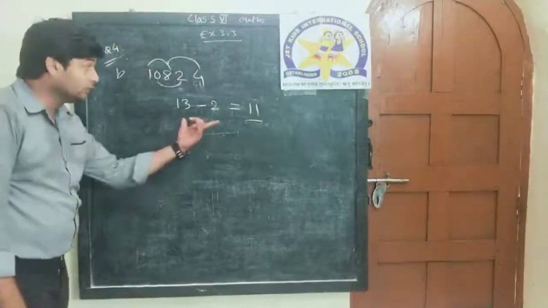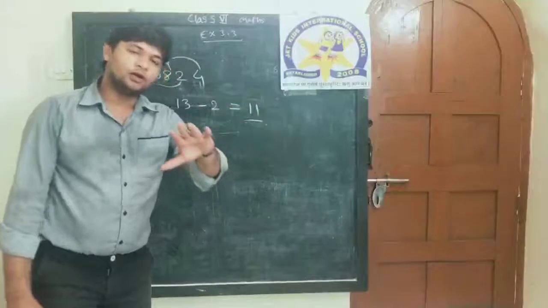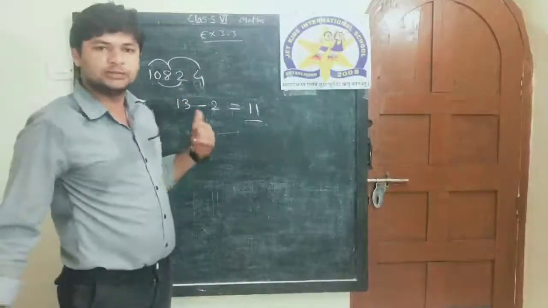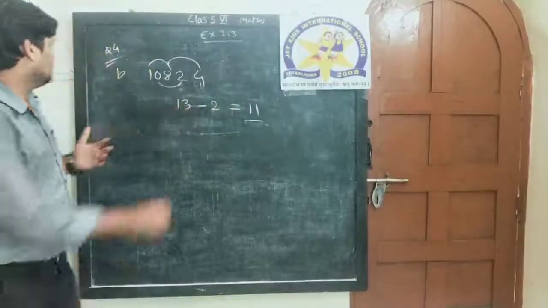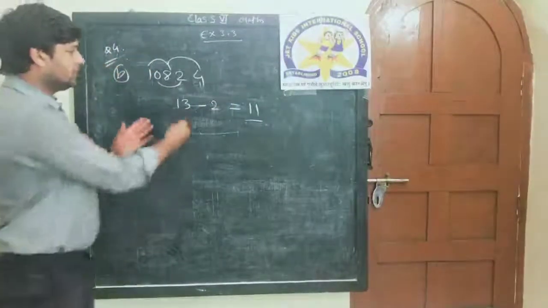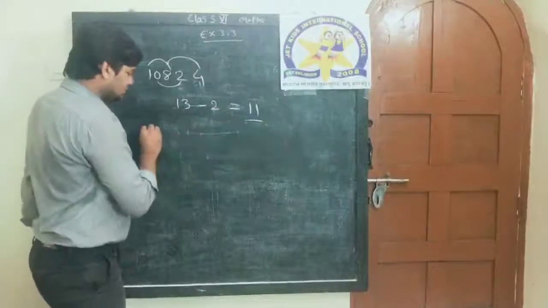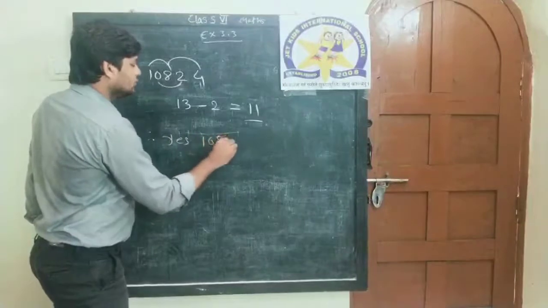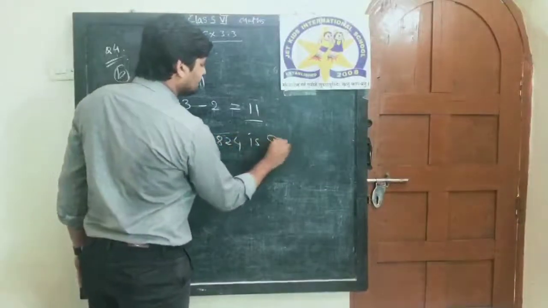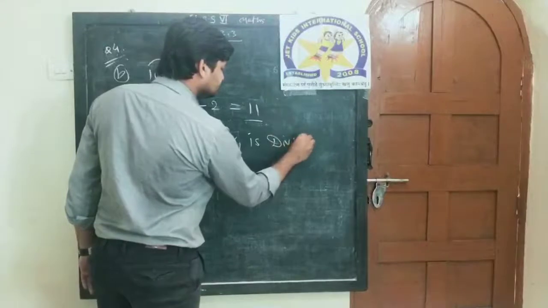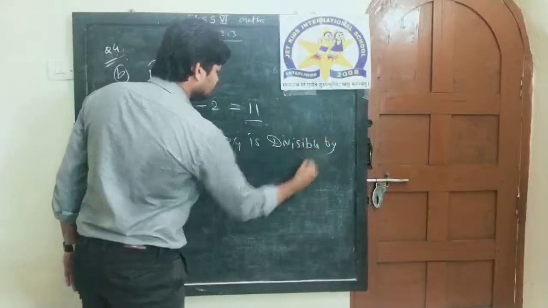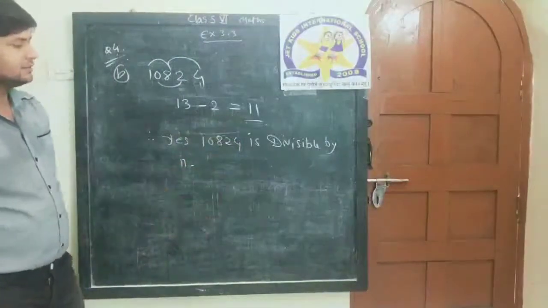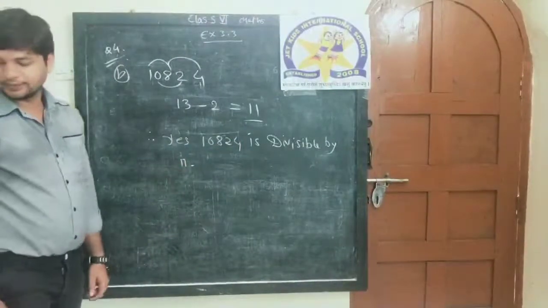Now I'm doing it directly. If you want to, you can write step by step. I told you how to write this question in the book, as I did in question number A. 13 minus 2, 11. So 11 is divisible by 11, hence yes, 10824 is divisible by 11, because 11 is divisible by 11. Clear? Next.